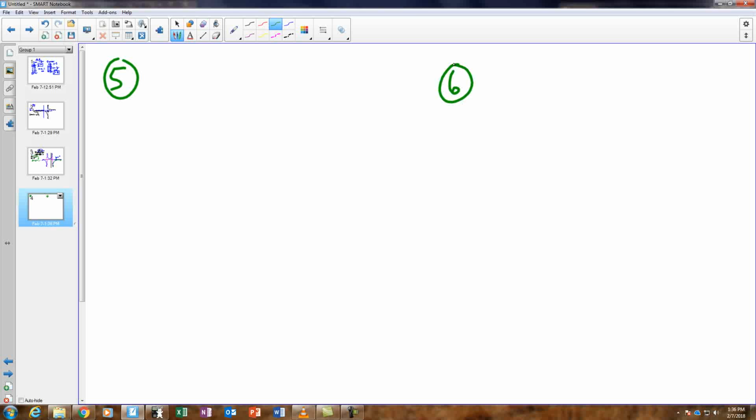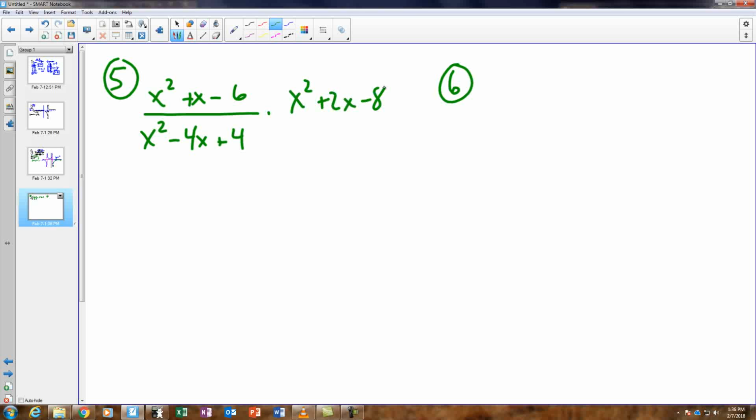And so number 5 starts with x squared plus x minus 6 over x squared minus 4x plus 4 times x squared plus 2x minus 8 over 3x plus 12.